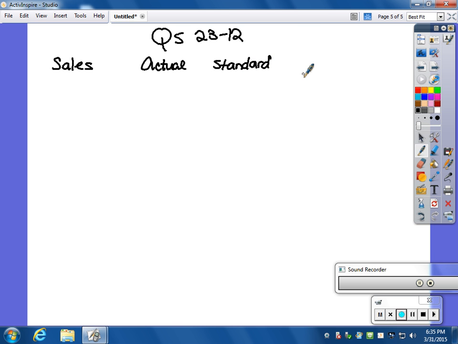Is that it? We don't have sales. A fixed one. Y'all making it harder than it has to be. I asked what columns do I need to write up here? Sales, actual, standard, which, no, where did you get standard from? Why would you think it would be standard? It's flexible budget.